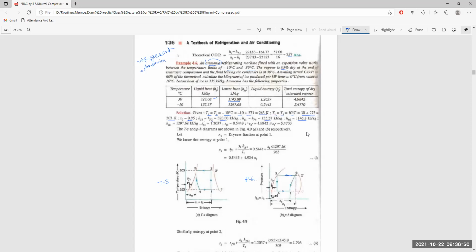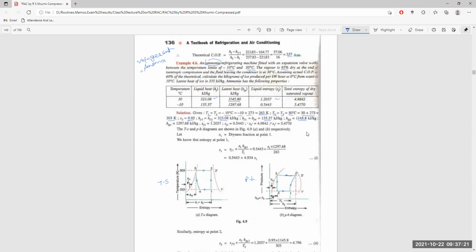Then SF2, the entropy at point 2. It is the entropy of the fluid at point 2, at high temperature in the liquid state, given as 1.2037.